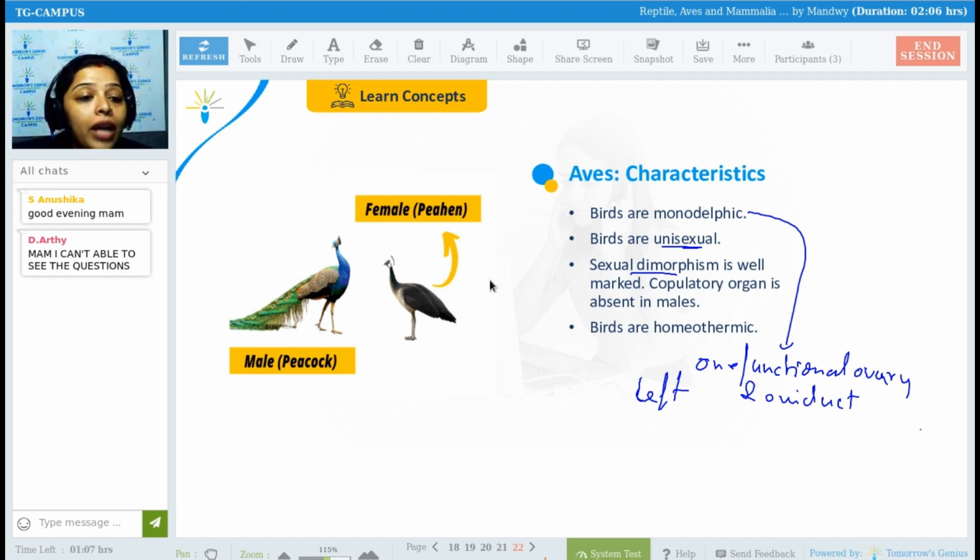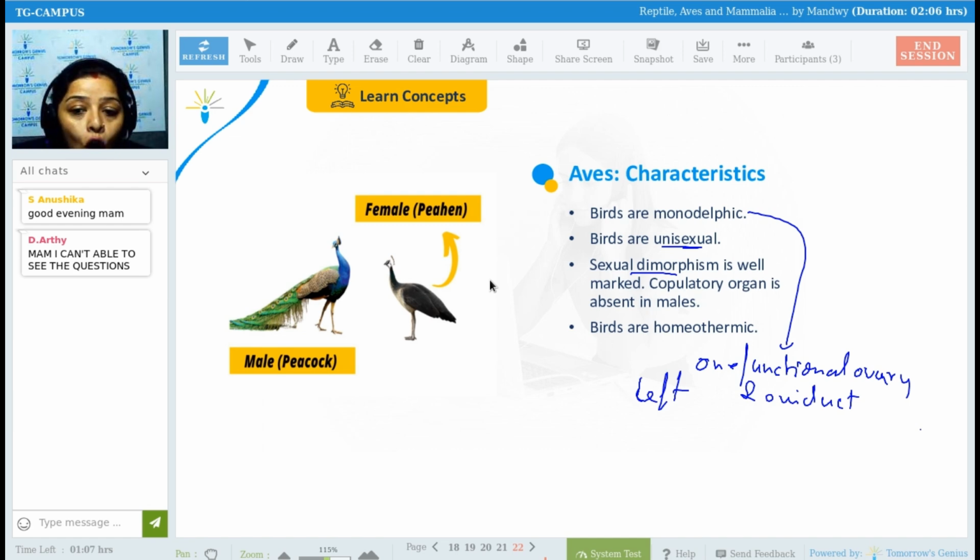So this is called sexual dimorphism. As we can see in the image, here the peacock, cock means male, hen means female. You can see the morphology is completely different in the female and male body, right?